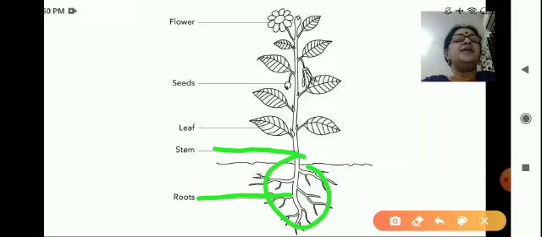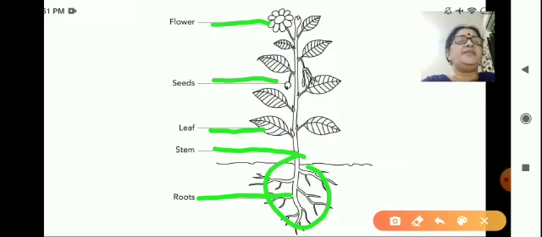These are the leaves. You can see here a flower also. And this is the seed. Okay children. These are the parts of the plant: roots, stem, leaf, flowers and fruits.